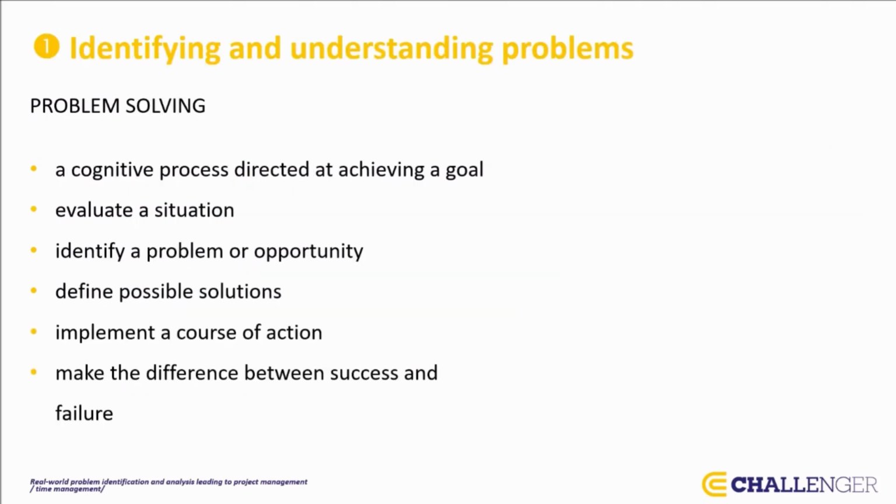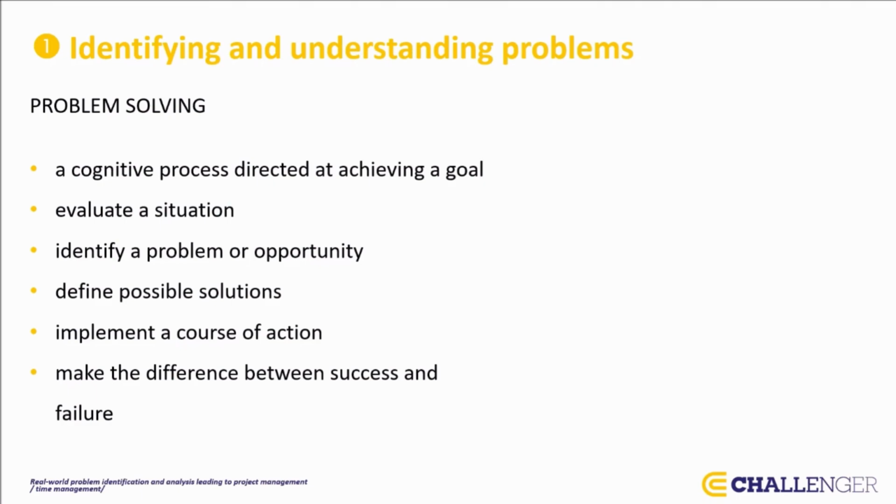The ability to solve problems is a crucial skill in the modern workplace. Problem solving is a cognitive process directed at achieving a goal when no solution method is obvious to the observer. It involves the ability to evaluate the situation, identify a problem or opportunity, define possible solutions, and implement a course of action.